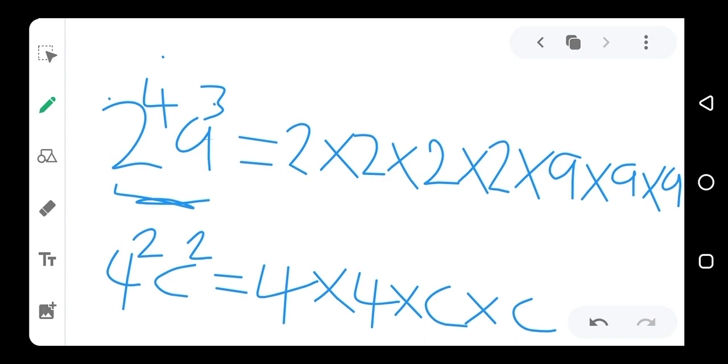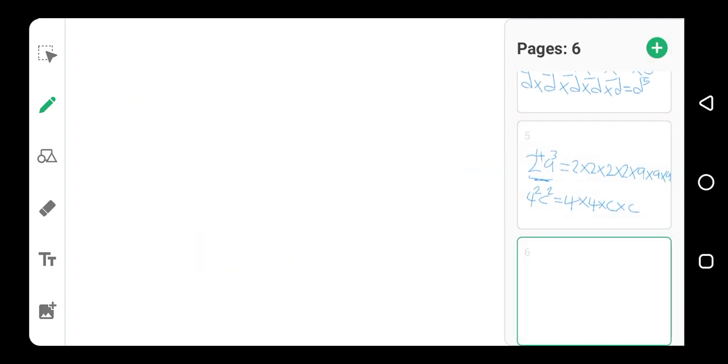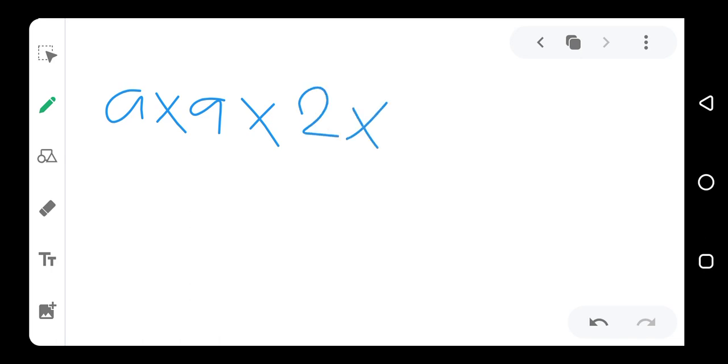Now we can have alphabet and numbers combined together in the expanded form, and then we are asked to get it in the index form. For instance, if we have a times a times 2 times 2 times 2 times 2.